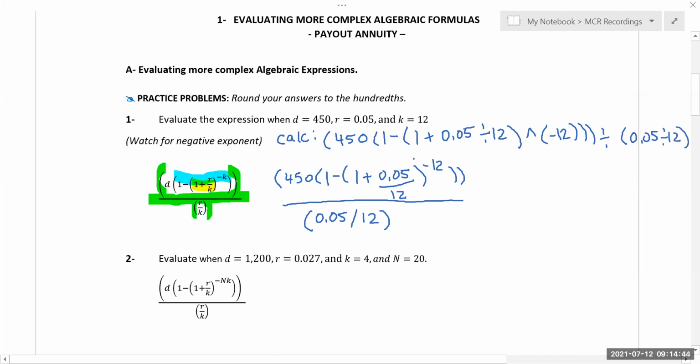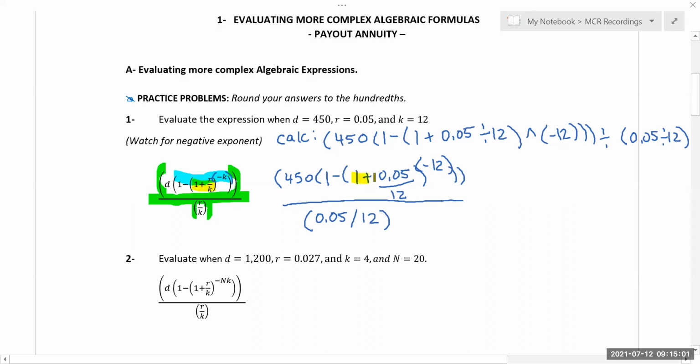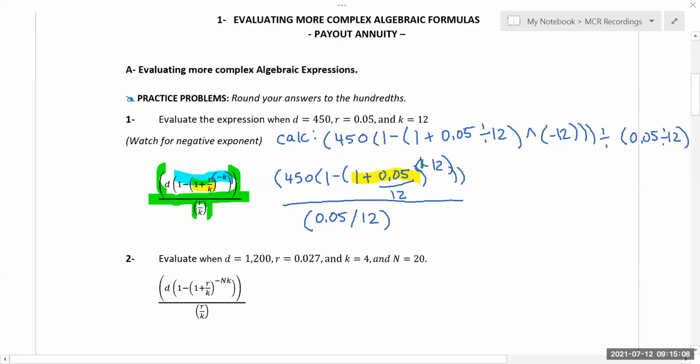So right here, because of the negative, I like to put another set. So what we've done is added parentheses here, and then we put all that in, and then we just went right in order. If you don't like that, then type this in and click enter. Then raise it to the negative 12 power with the parentheses around negative 12, click enter.